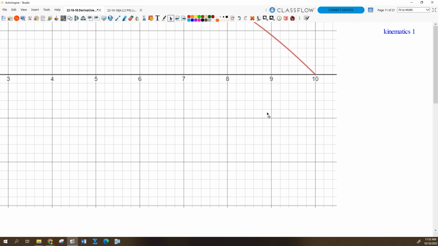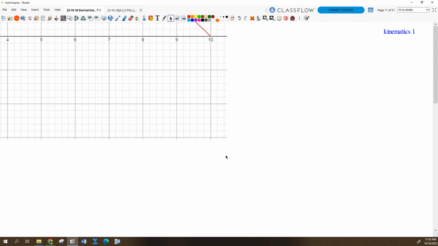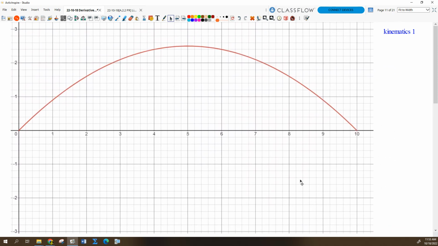Okay, so there's my position function. I know right here at this point, there's the tangent to the curve. That has a slope of 0, doesn't it? So that means that the velocity function must have a value of 0.